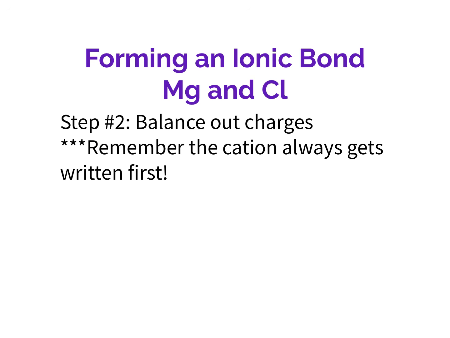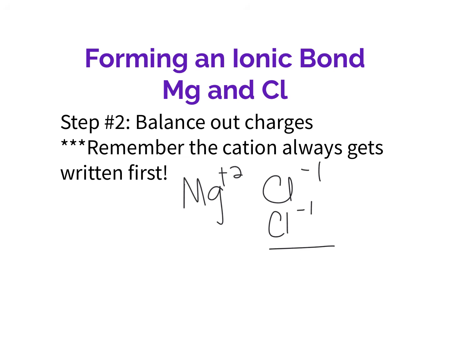Our next step is to balance out the charges, and we always have to remember that the cation gets written first. So we have Mg at a +2 and chlorine at a -1. Right now, if we were to add that +2 and a -1, it is not going to equal 0. So we can add another chlorine ion, and now our overall charge is a -2.